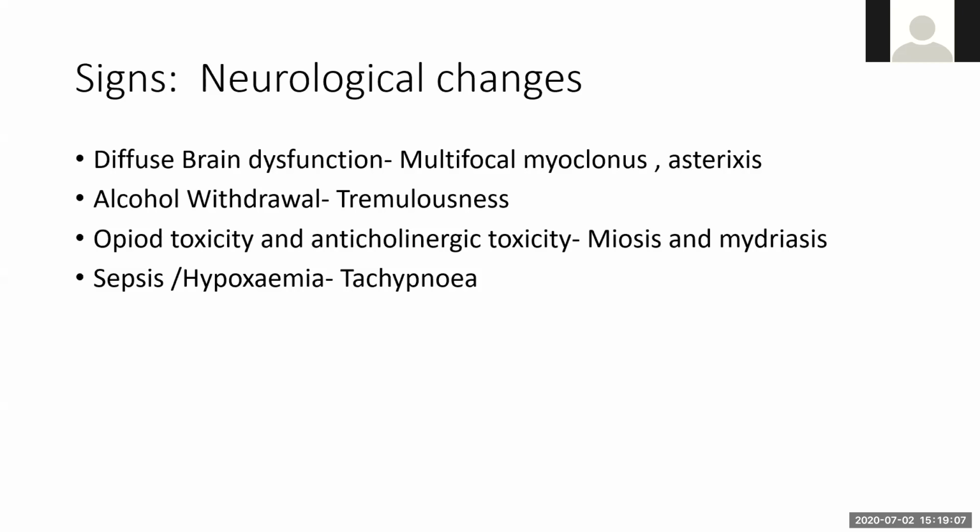And that is something that we should not be missing, which shows how important physical examination is. Sepsis and hypoxemia can also manifest as tachypnea in these patients, so that can also give us some idea as to what the diagnosis is.